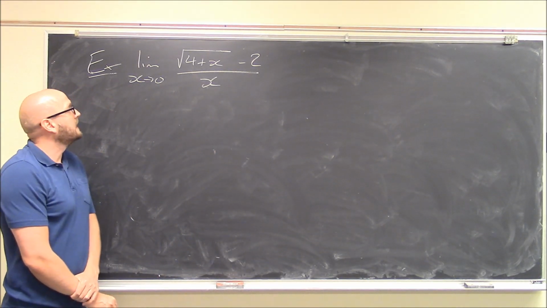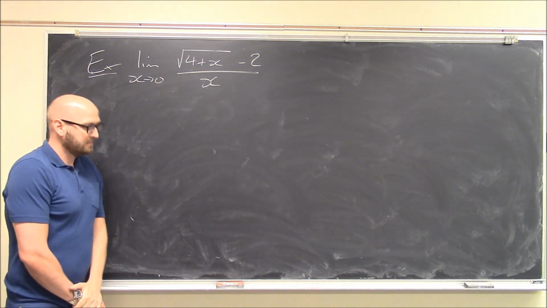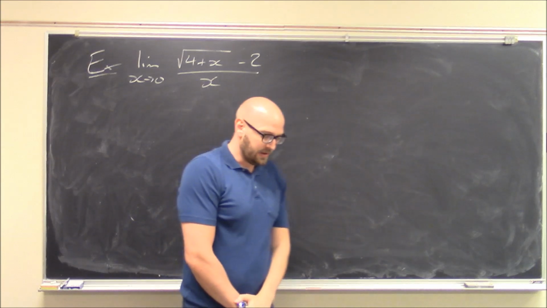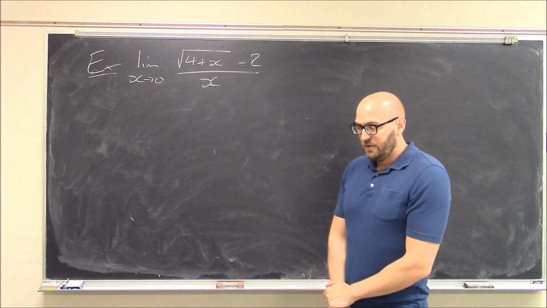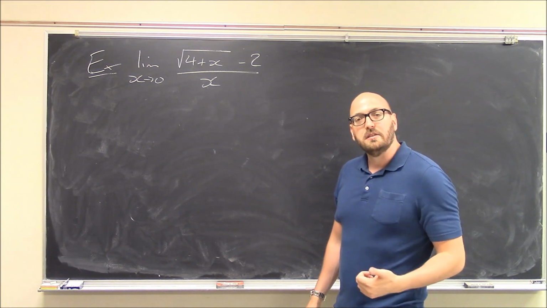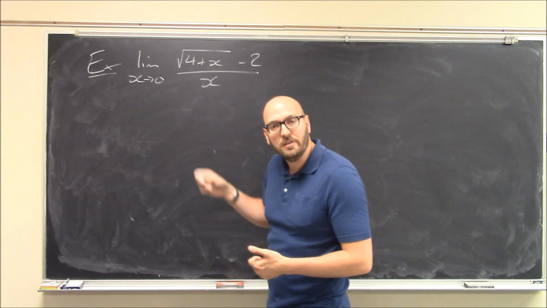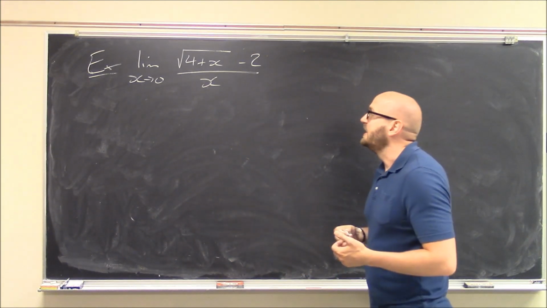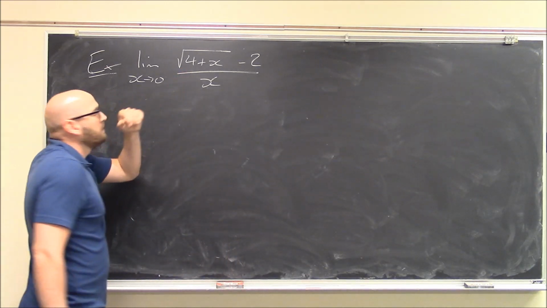So again, I cannot plug in x equals 0 because I divide by 0. What now? In the last two examples we've done, what did we do? We tried to factor, right? We tried to factor somehow to cancel out this thing that's causing us to divide by 0 on the bottom. That's your first go-to technique, but in this case, there's really nothing I can factor.